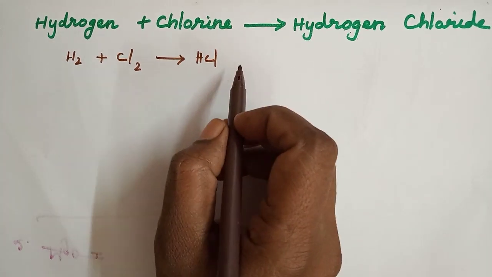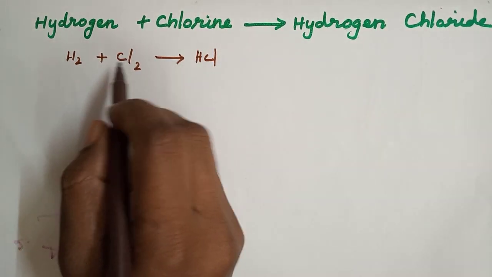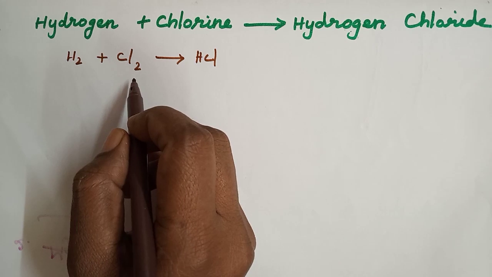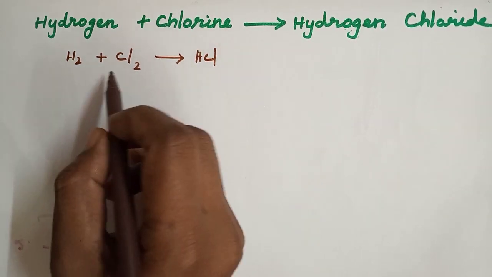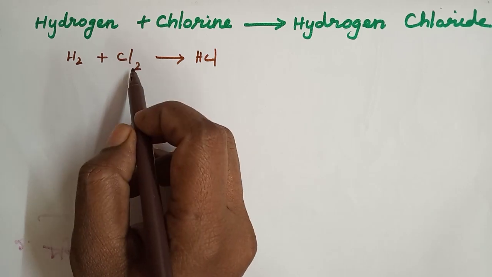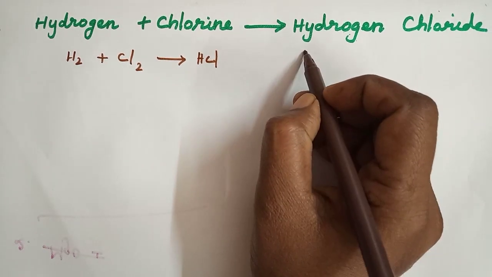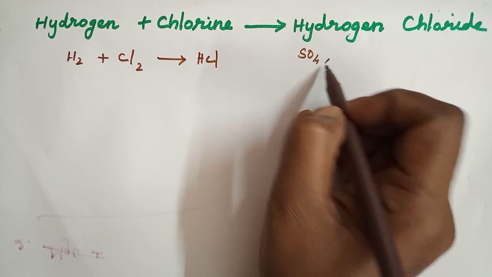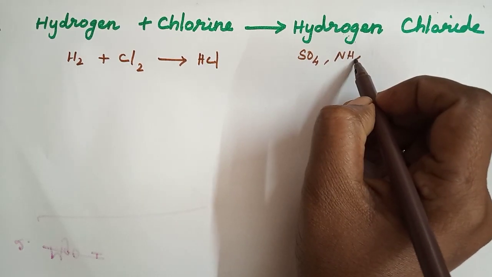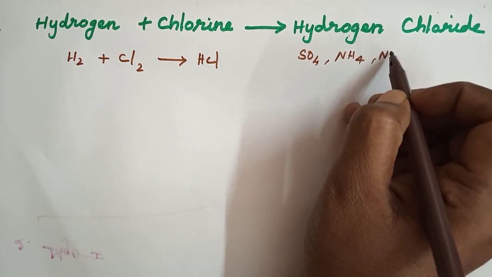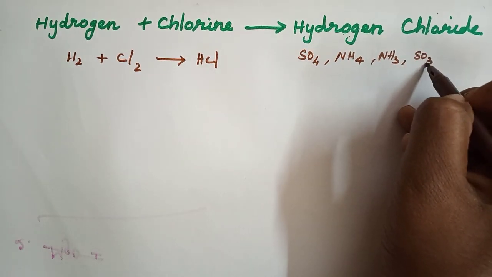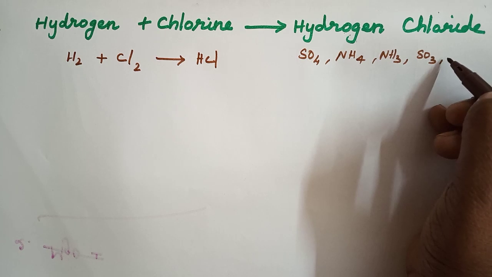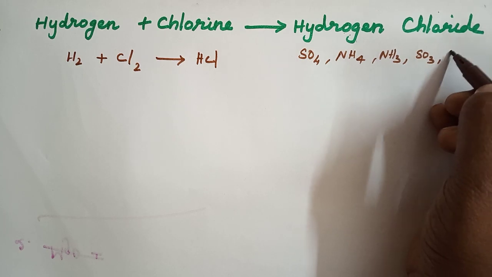So first we have to see whether any polyatomic nature elements are there or not. Next we have to see the metals or non-metals. Understood? See, here no polyatomic nature. Polyatomic nature means, see, SO4, NH4 or NH3 or SO3 or OH.